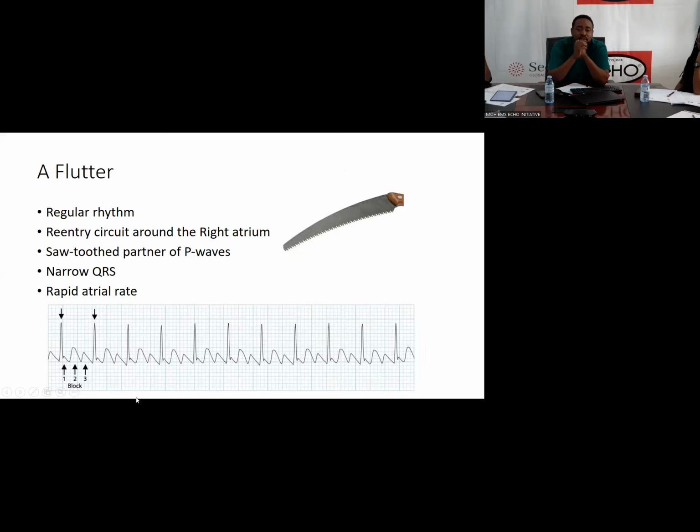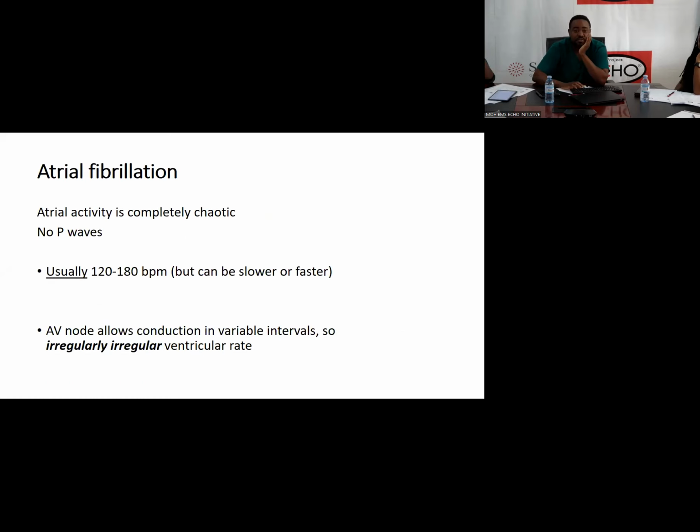That's what we're seeing here in the rhythm strip. We're seeing P waves that are up and about from the baseline, the QRS complex appears a bit small, and the heart rate will be very rapid, anywhere between 150 and 200. So each time you see such waves in a patient, think of an atrial flutter.